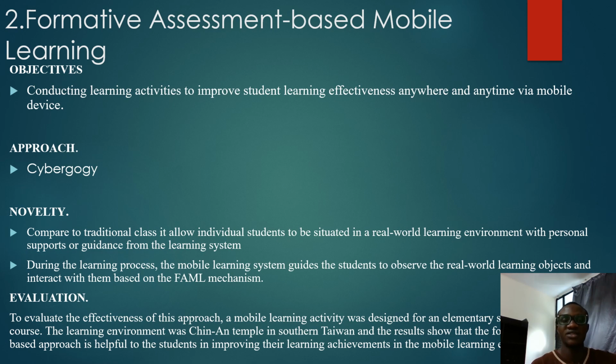Since it is set up for an elementary school, a school in China, called Qin Han Temple School, was used for evaluation. The result shows that formative assessment based mobile learning improved the students' critical thinking and efficiency in their learning progress, in their learning environment.